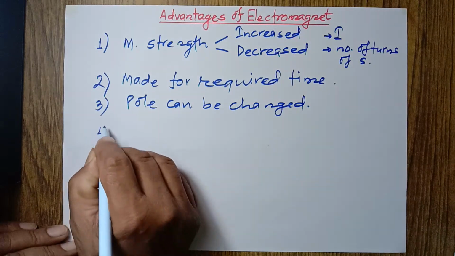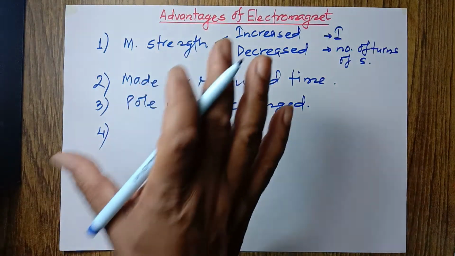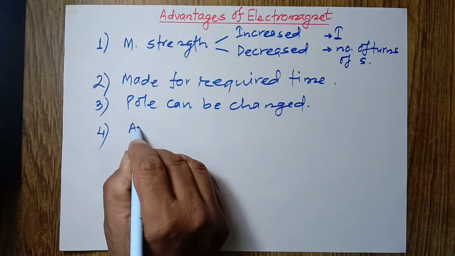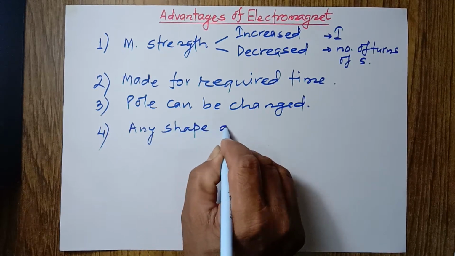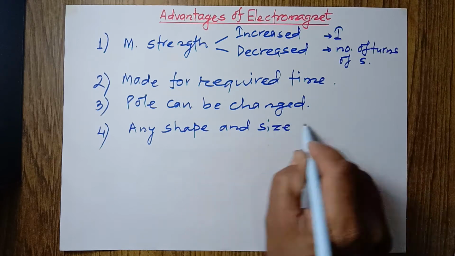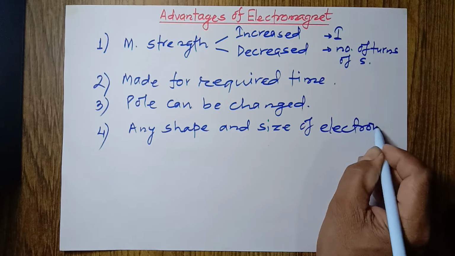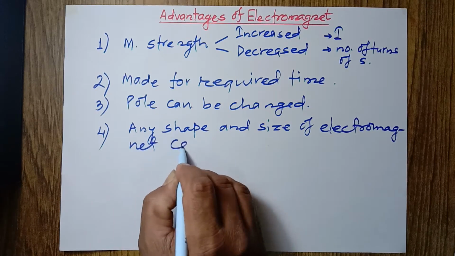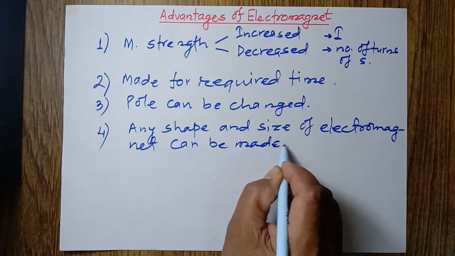Okay, now let's talk about another point also. Any shape and size of electromagnet can be made easily. What does it mean?